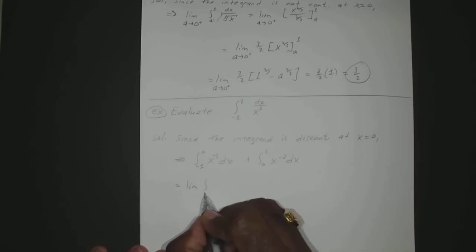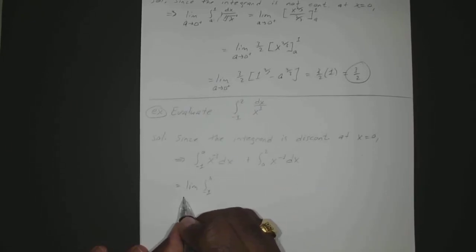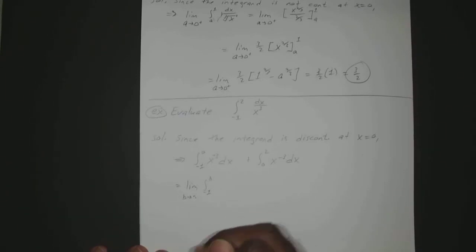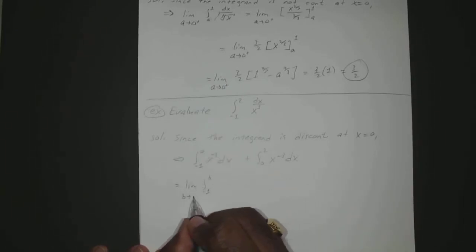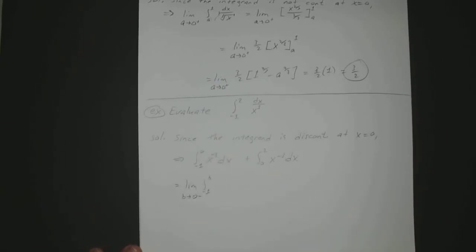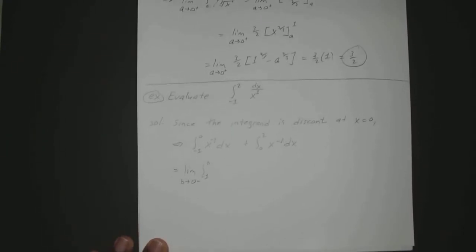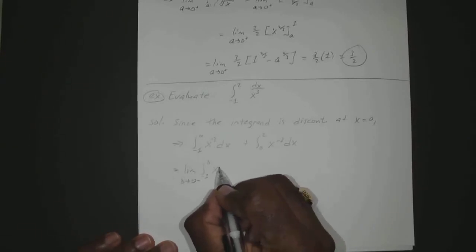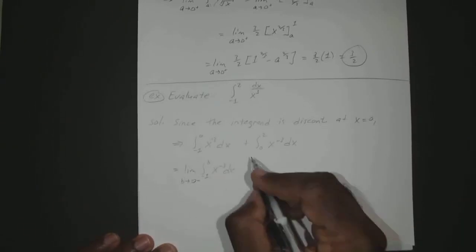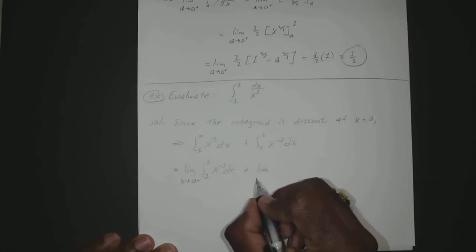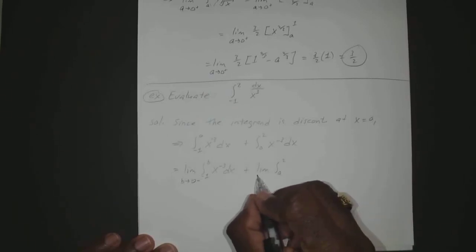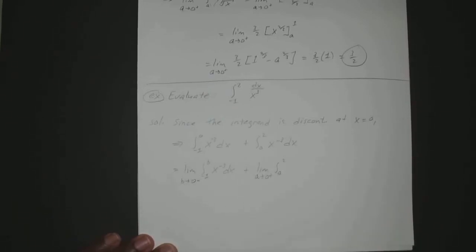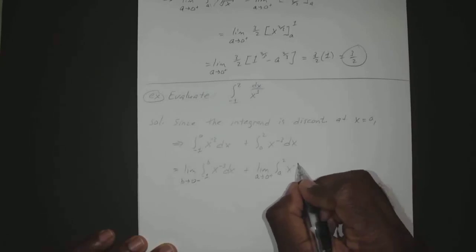So the limit as b approaches 0, but in this case it's from the left, because you're approaching from -1, of the integral from -1 to b of x to the -3 dx, plus the limit of the integral from a to 2 as a approaches 0 from the right of x to the -3 dx.